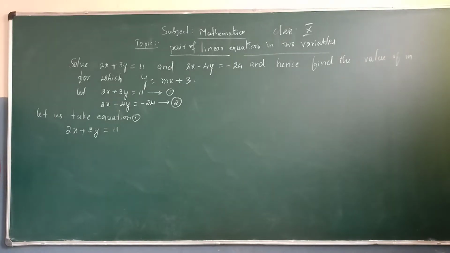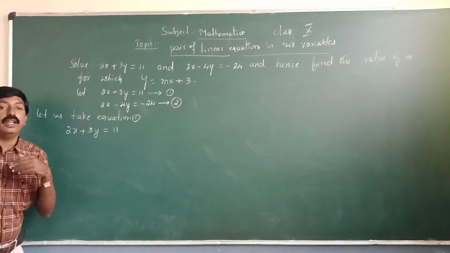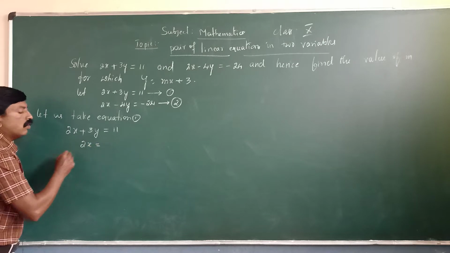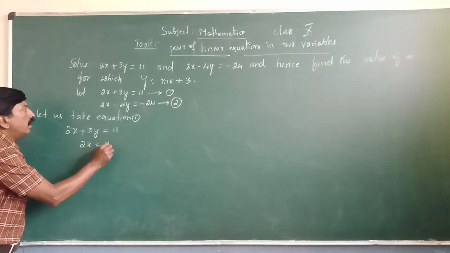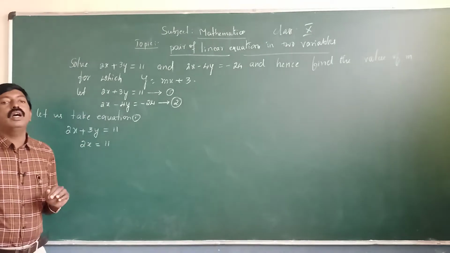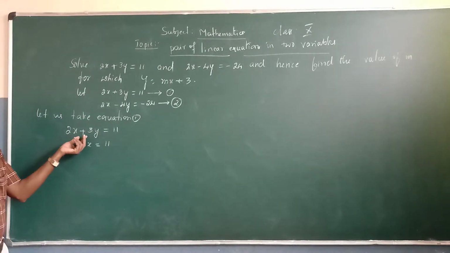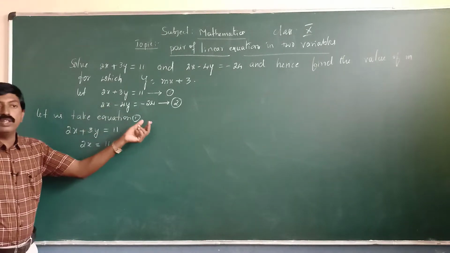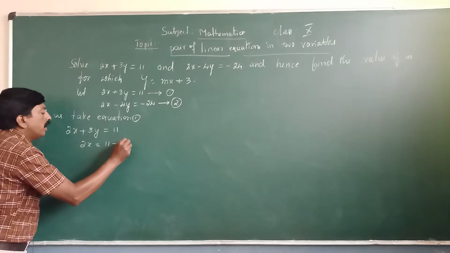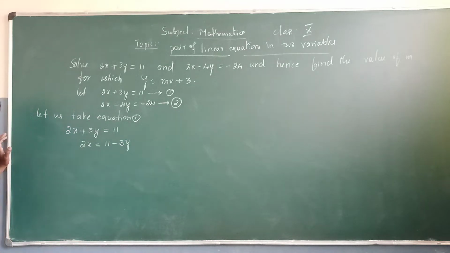In this you can retain x as it is, and transpose y to the RHS. Now 2x is equal to 11, and 3y transposed to the RHS. It has a positive sign, so its sign changes to minus. So plus 3y will become minus 3y.